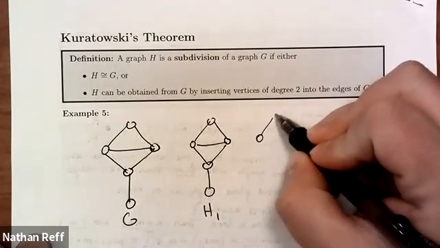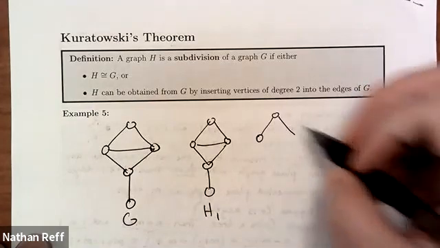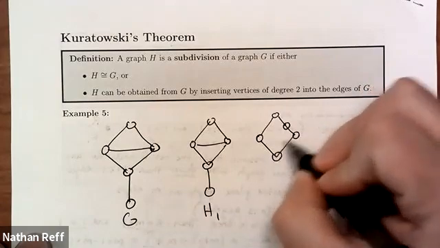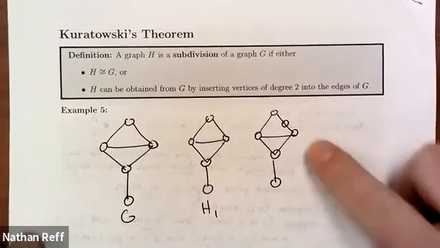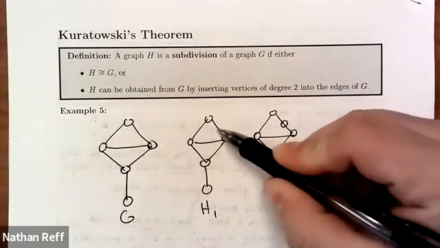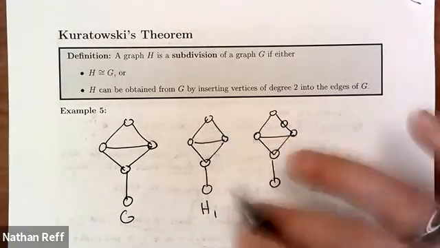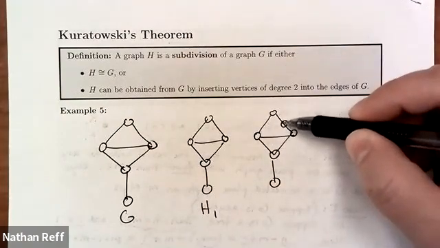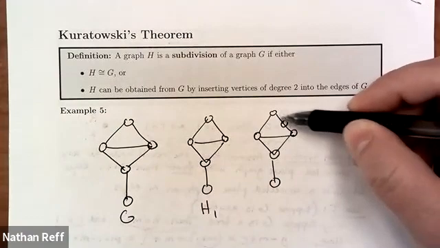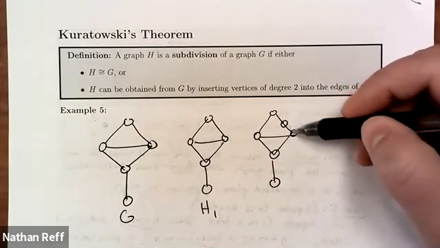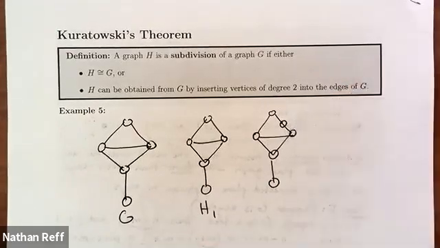Another subdivision: what you're doing by subdividing an edge is inserting a vertex of degree 2 along an edge. So pick any edge that you want. I'm going to pick this one right here, and then you insert a vertex right here. By doing so, you're increasing the total number of edges by 1, and you're increasing the number of vertices by 1.